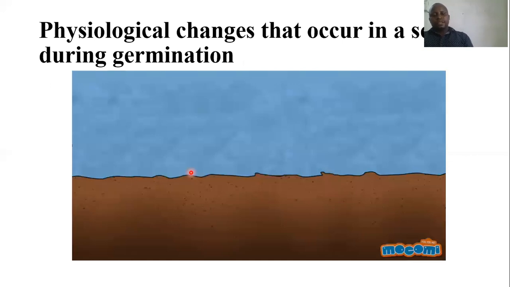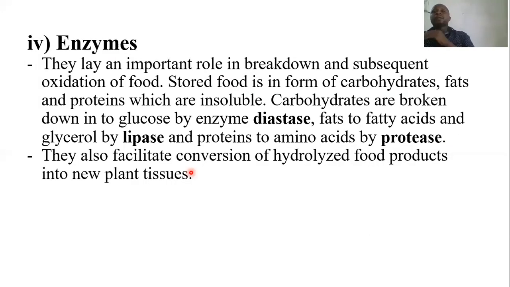So far so good. We have learned about the factors that are necessary for germination to take place. Can you still remember? We've talked about factors like enzymes. We've also talked about viability, temperature, oxygen, and water.